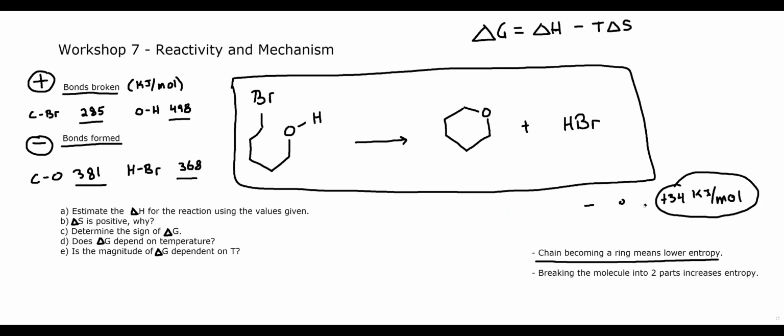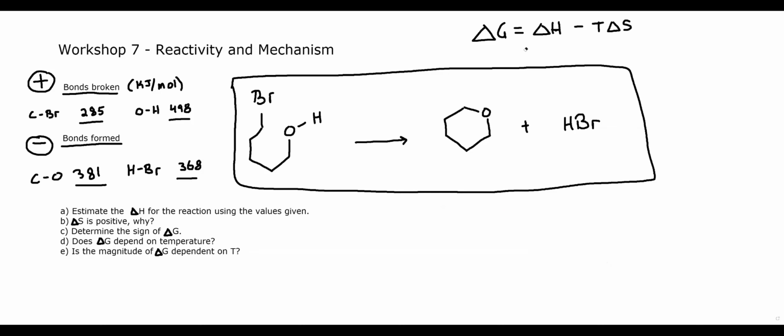Well, let's look up at our equation here. If we have delta G equals delta H minus T delta S, how can we use that to determine the sign of delta G? Okay, so delta G. Now for delta H, we had positive 34. I'm not even going to put 34.